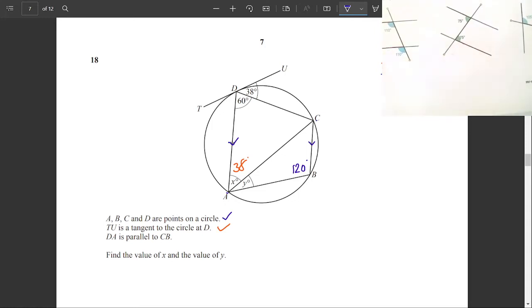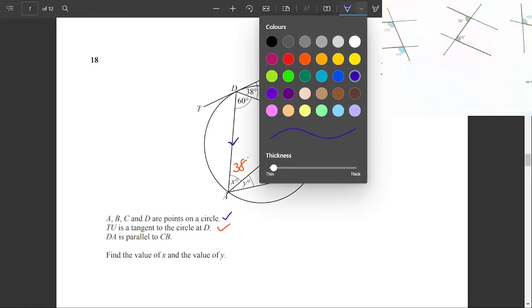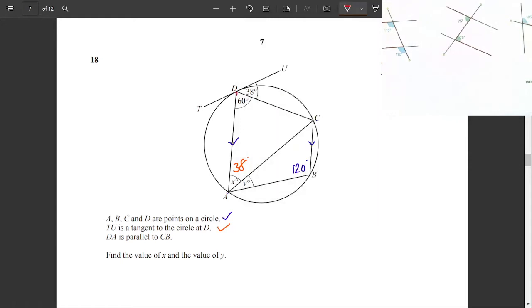So looking here, I can immediately spot something. Let's mark that. If we go like this, there, what we call a Z angle. So if this is 38, this one's 38, okay? Or rather, let's use the correct term, not Z, but alternate angles.